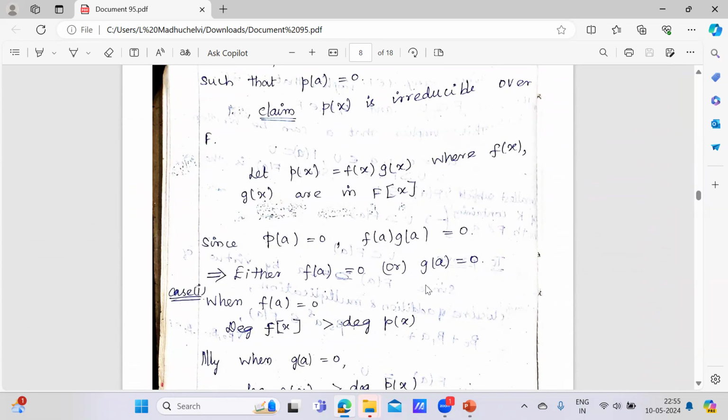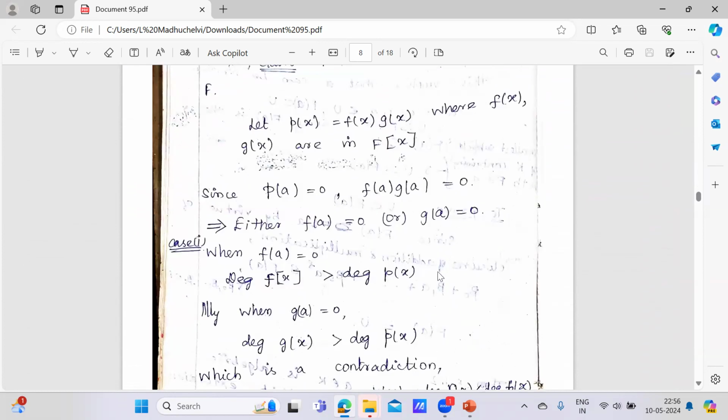Contrarily, suppose p of x is reducible, that is, p of x equal to f of x into g of x, where f of x and g of x are in F of x. Since p of a equal to 0, f of a into g of a equal to 0 implies either f of a equal to 0 or g of a equal to 0. When f of a equal to 0, the degree of f of x is greater than the degree of p of x because p of x is of smallest positive degree satisfied by a.